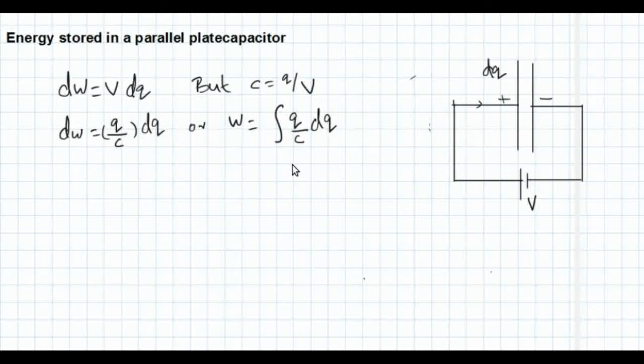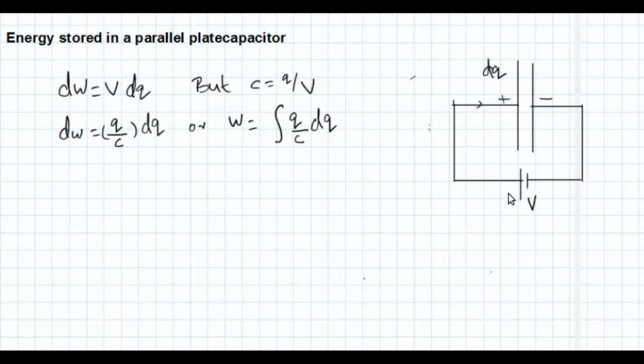Now what is the limit of integration? We assume that initially there is no charge present. That means the variable quantity is dq. How is the charge changing? It is changing from 0, right? Because initially there is no charge present in the capacitor. So the charge changes from 0 to a maximum value.